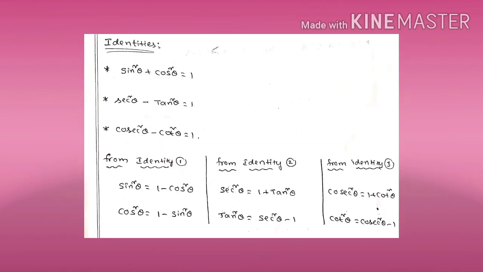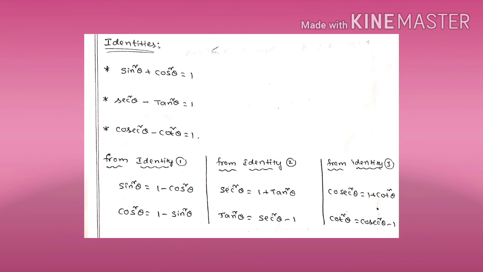Now the useful identities: sin square theta plus cos square theta is equal to 1. Second one, secant square theta minus tan square theta is equal to 1. Now the third one, cosecant square theta minus cot square theta is equal to 1. Right? Based on these three identities, we can get their applicative formulae.